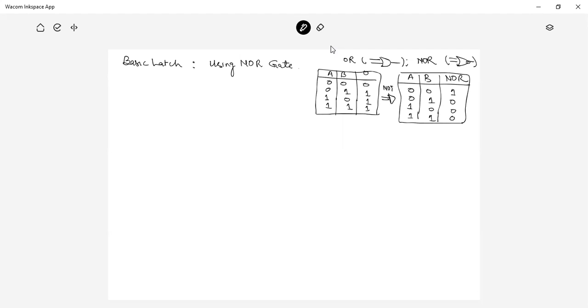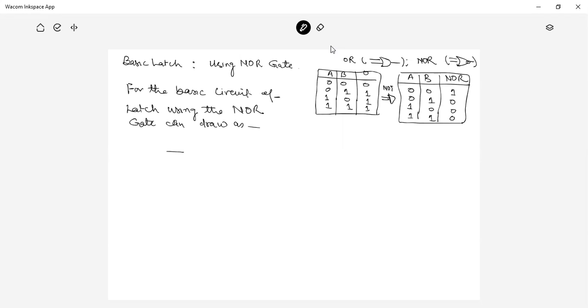So in the case of a latch, if we take the NOR latch, the basic circuit of a latch using NOR gates can be drawn like this.